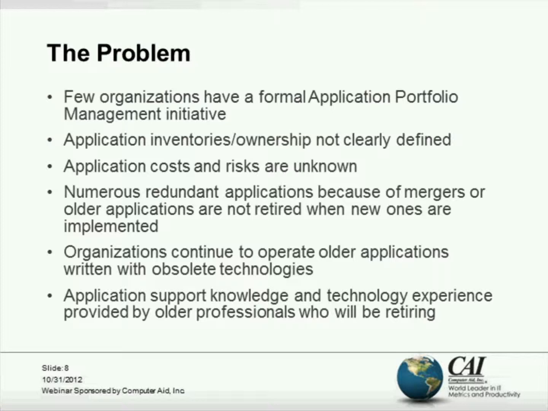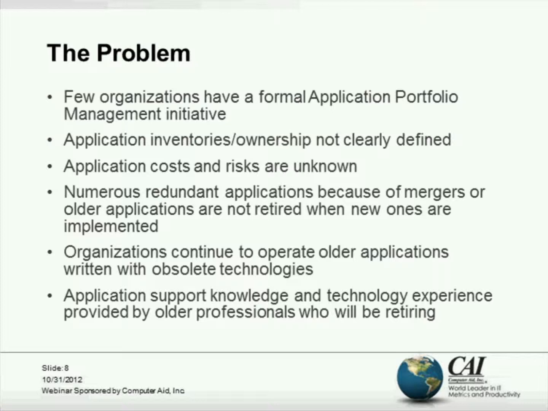Organizations continue to operate older applications written with obsolete technologies, and applications support knowledge and technology experience are provided by older professionals who will be retiring. So you can see within this slide that there's a substantial number of risks there.